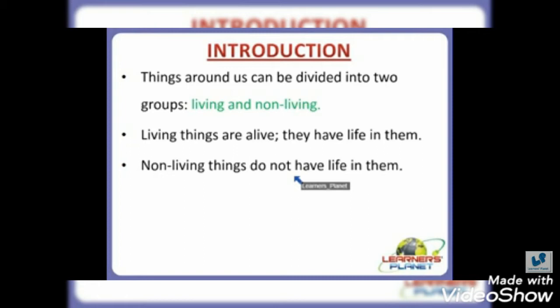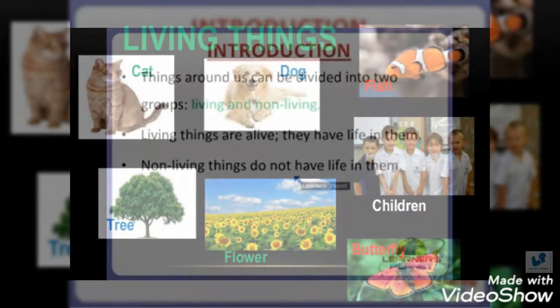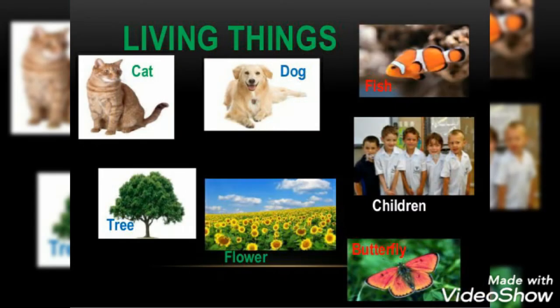Living things are alive, they have life in them, and non-living things do not have life in them. Living things are cat, dog, trees, flowers, fish, children, butterfly, those who can breathe. Those who are using oxygen are your living things. Those who can move, those who can grow, they are your living things.